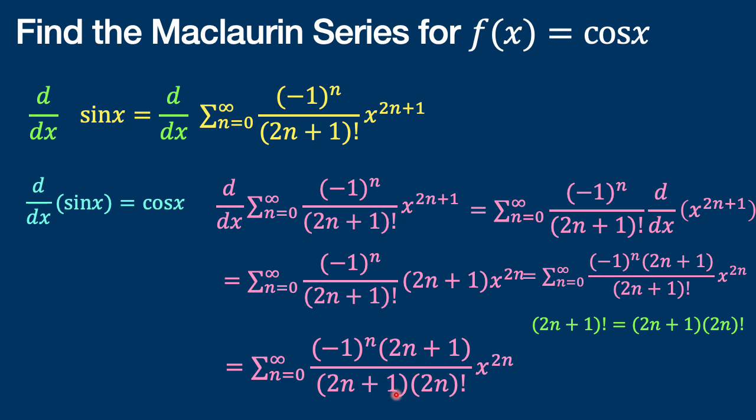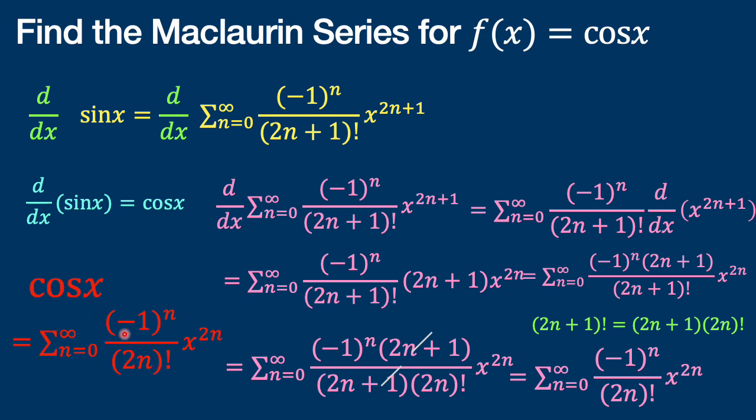In that case, we can cancel out 2n plus 1 with 2n plus 1. Now you have negative 1 to the n over 2n factorial x to the 2n. That's the Maclaurin series for cosine x. So cosine x is the summation of negative 1 to the n over 2n factorial x to the 2n.